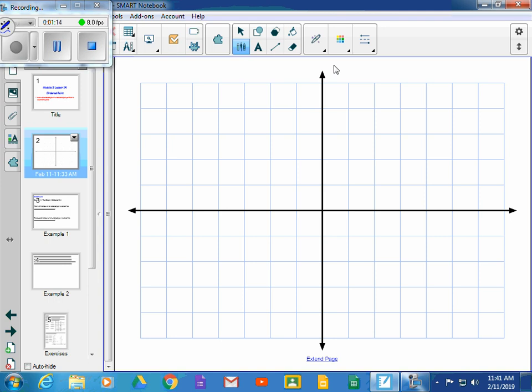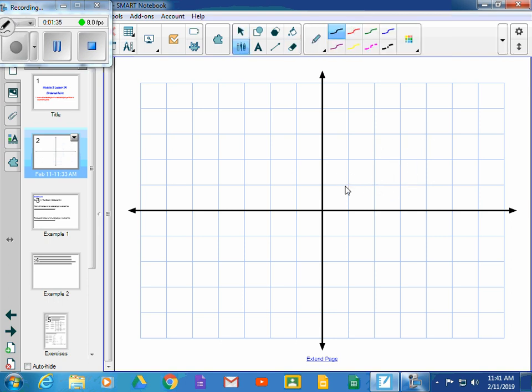And they intersect at what we call the origin. The word origin means beginning. And so when we describe locations of other points on this coordinate plane, we're going to describe its location from the origin, from where those lines intersect.